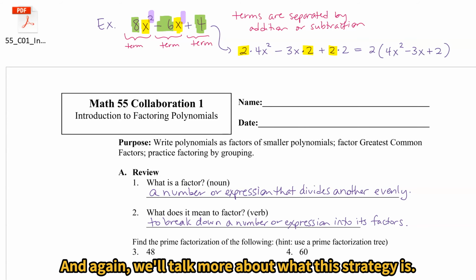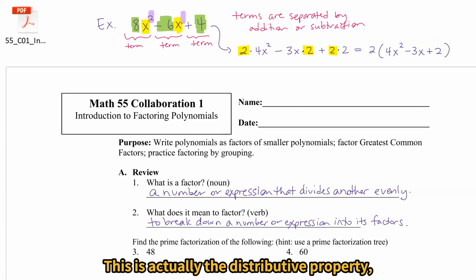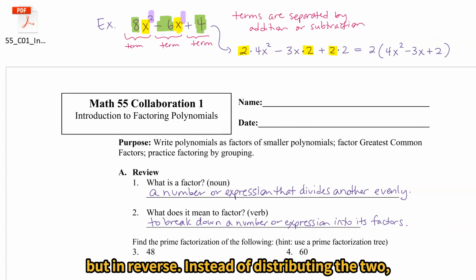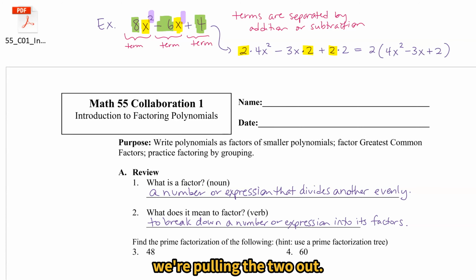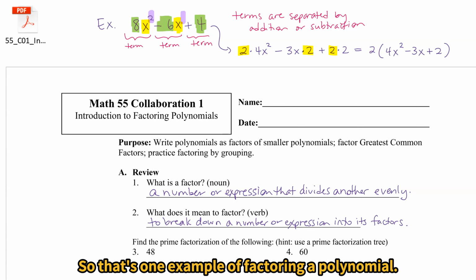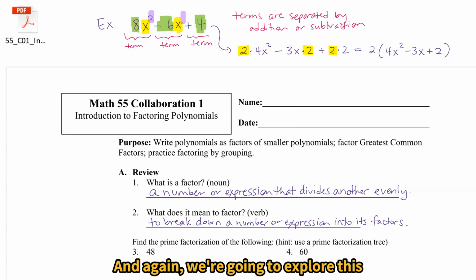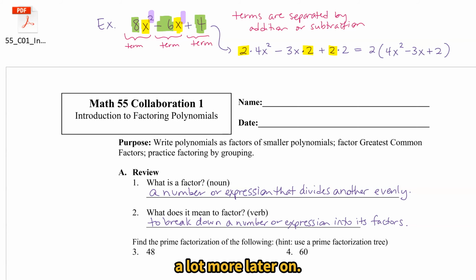And again, we'll talk more about what this strategy is. This is actually the distributive property, but in reverse. Instead of distributing the 2, we're pulling the 2 out. So that's one example of factoring a polynomial. And again, we're going to explore this a lot more later on.